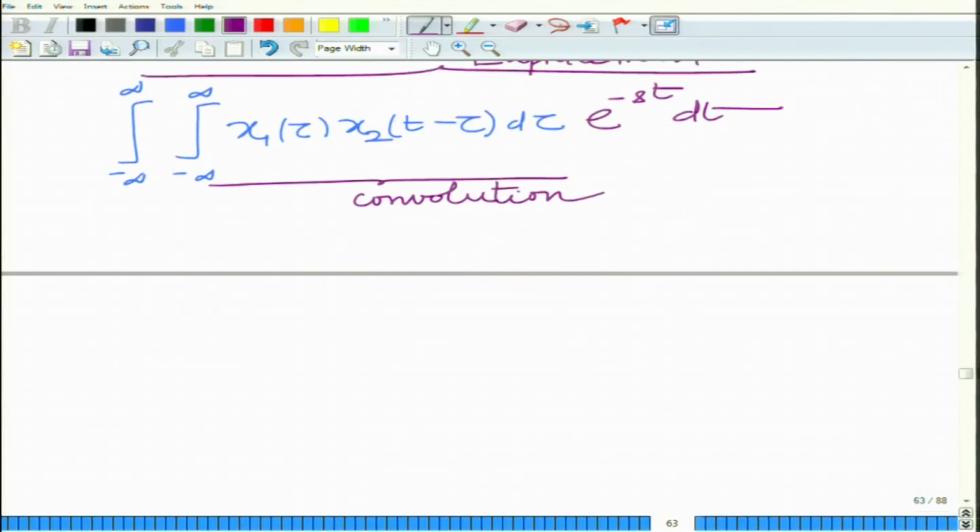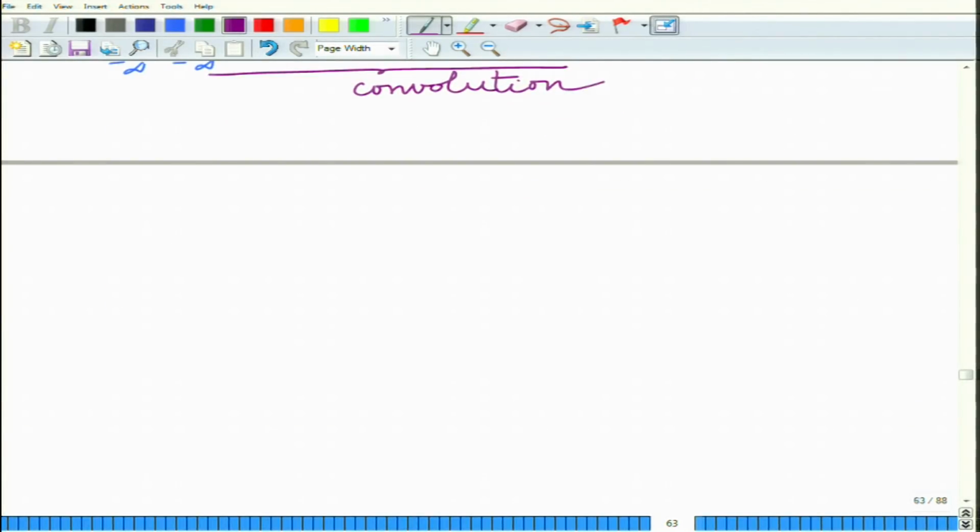Now you can simplify this by modifying the order of integration as follows.